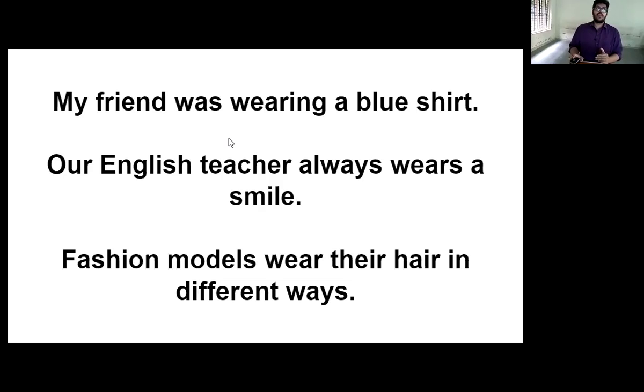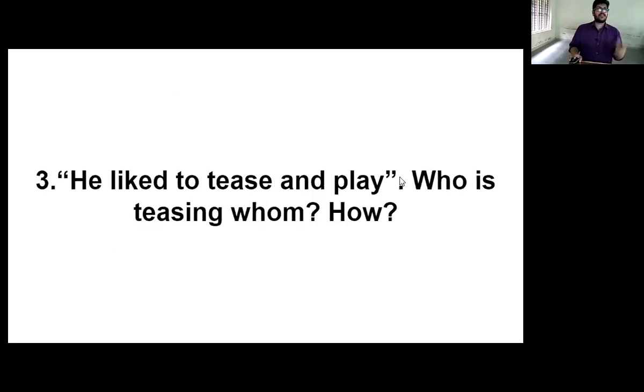Second one, our English teacher always wears a smile. Third one, fashion models wear their hair in different ways. So in these three sentences, wear is used according to the condition of these sentences. Okay. Now it's time to discuss the next question.